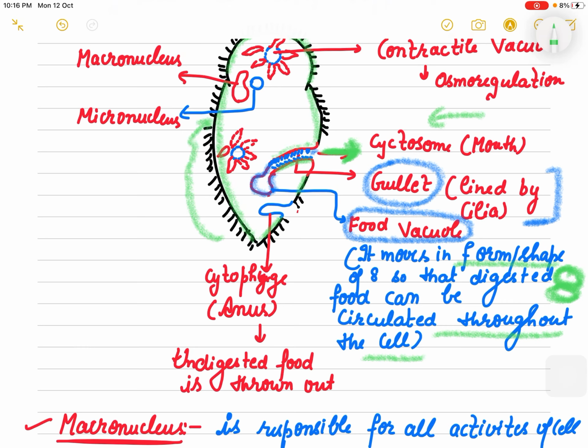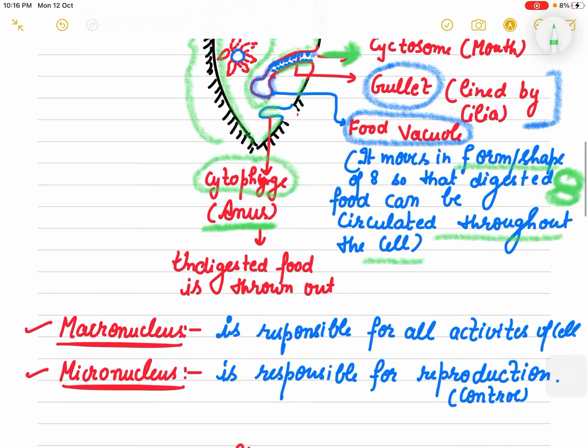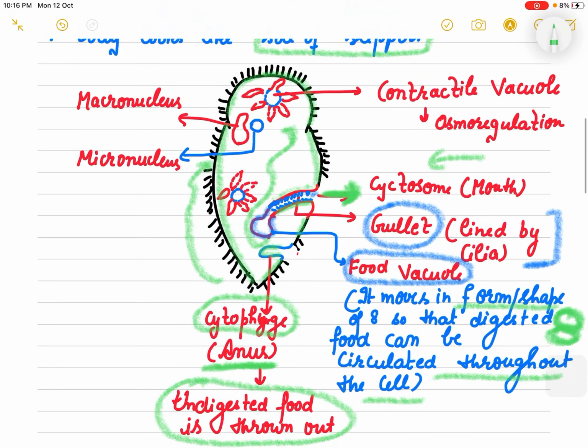So it moves in that 8 shape form. Then there is another opening, known as the cytopyge. The cytopyge is very similar to the anus, through which the undigested food is thrown out.